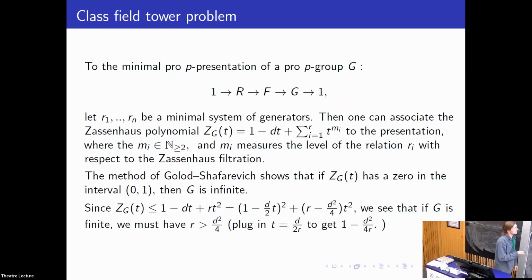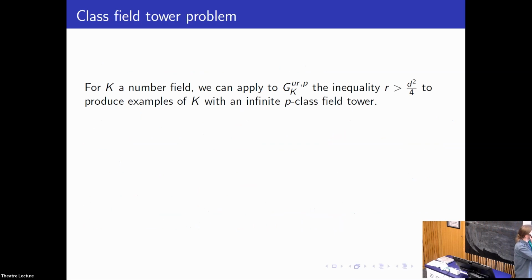Let's note now that if the relations lie deep, it seems it should be easier for this polynomial to have a zero. So we would like to push the relations deep in the Sassenhaus filtration. But anyhow, you can apply this inequality, r greater than d squared over 4, to produce examples of K with an infinite p-class field tower. And this is what Golod and Shafarevich did.